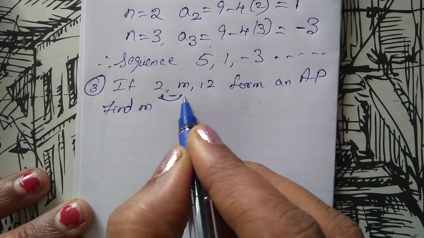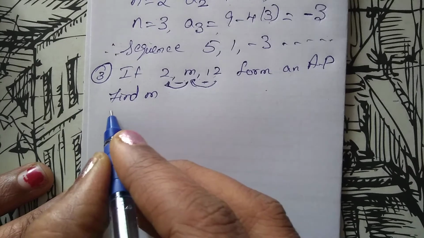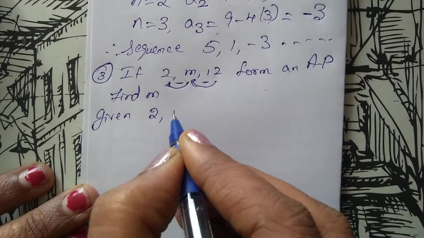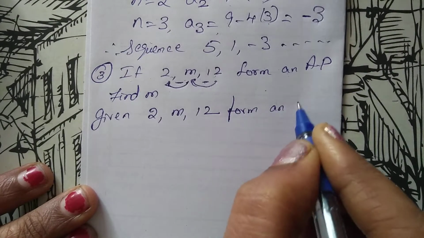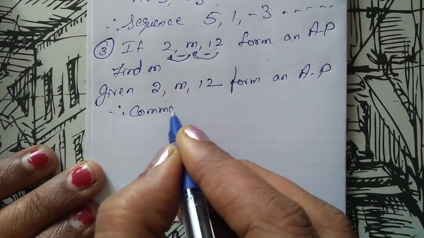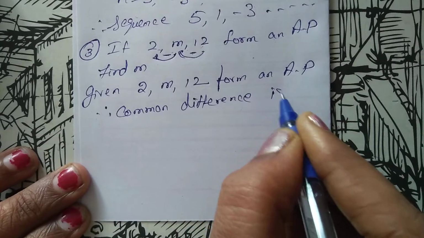M minus 2 is the same as 12 minus m. So we can write, given 2, m, 12 form an AP, therefore the common difference is the same.